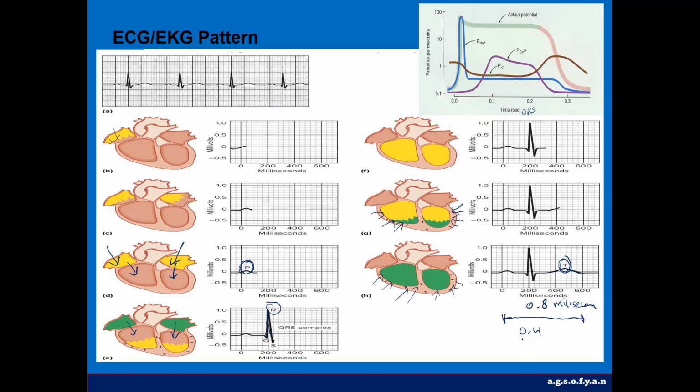If someone has bradycardia, which is a slow heart rate, then the cycle may take longer than 0.8, maybe about 0.9 or 1.2 per cycle. So the EKG actually measures the normal heart beating.